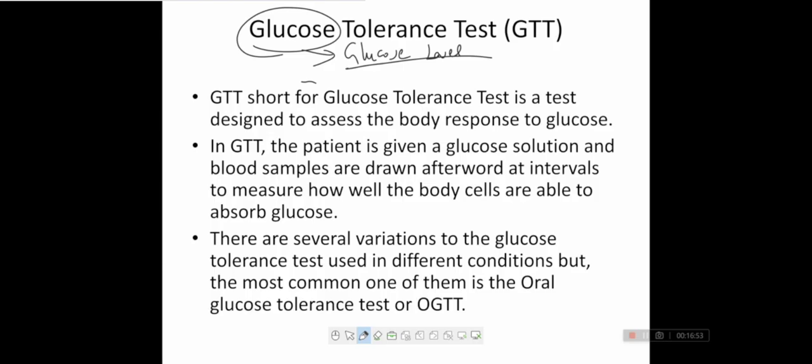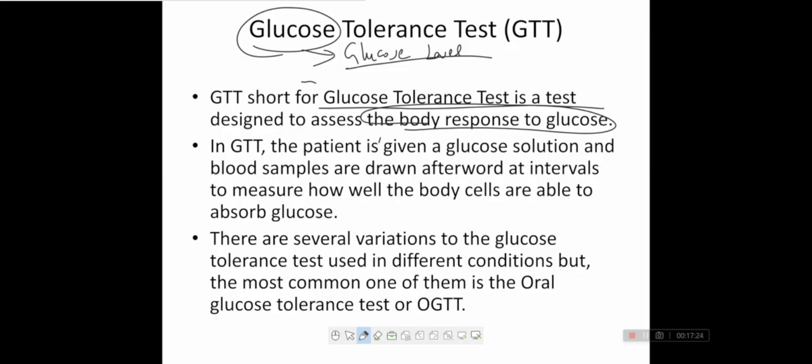So GTT, short for glucose tolerance test, is a test designed to assess the body's response to glucose. How will our body respond to glucose?